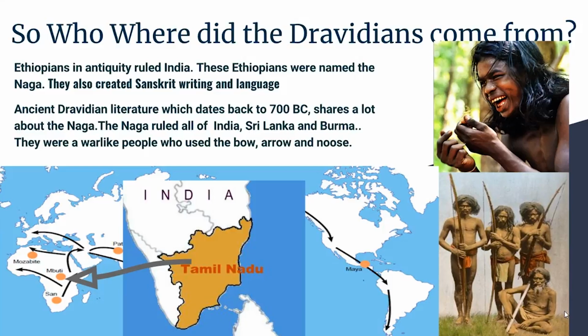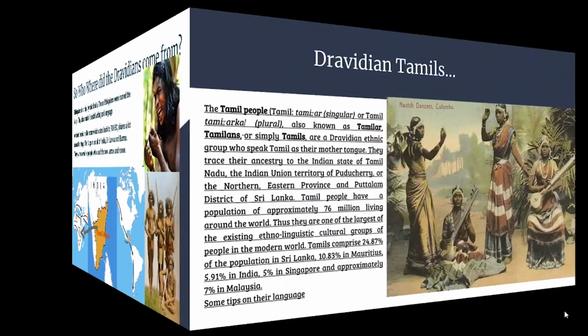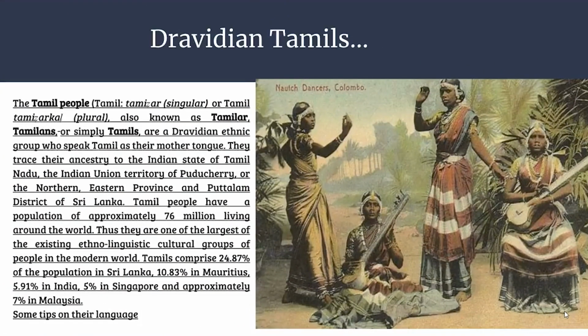The Dravidian Tamils, you can see their images there. This comes from Colombo. The Tamil people, or Tamizh, Tamizhar, which is plural, also known as Tamilians, or simply Tamils, are a Dravidian ethnic group who speak Tamil as their mother tongue.